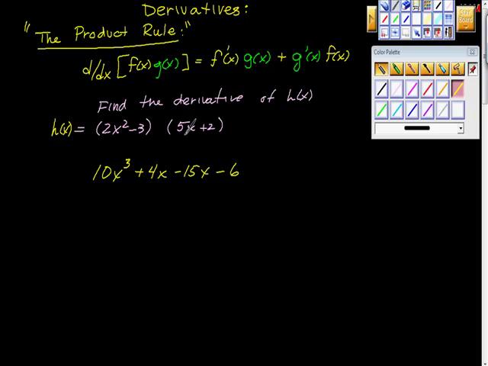Negative 3 times 5x is negative 15x. Oh, this should have been 4x squared. Okay. Now this is h of x, isn't it? We expanded it. When we take the derivative, it should be 30x squared plus 8x minus 15, which is our derivative h prime of x.